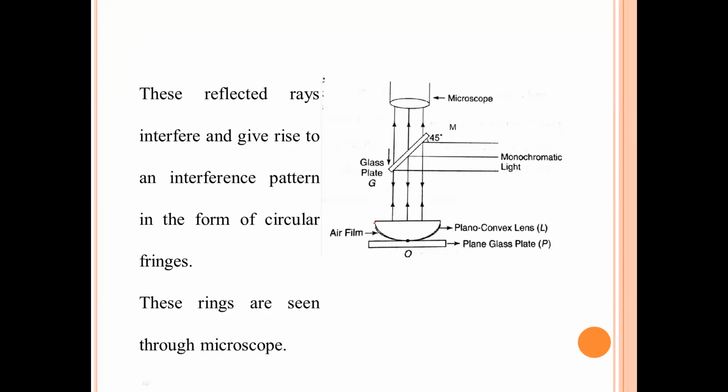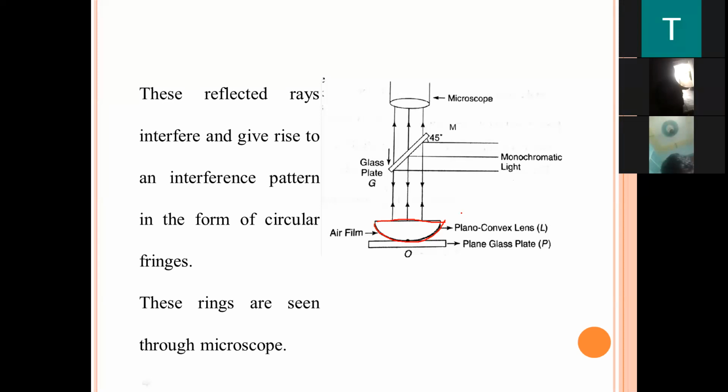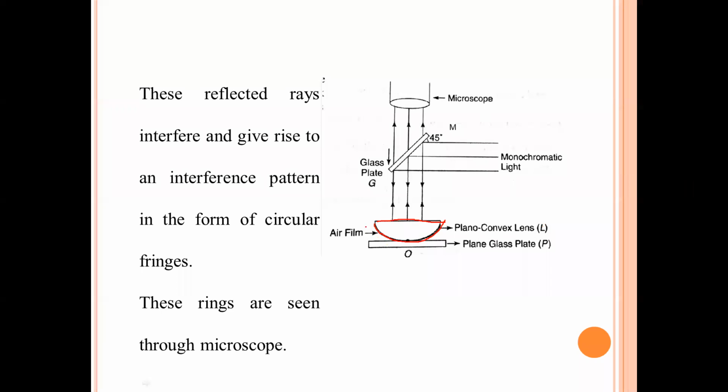Now, this is a plano convex lens. That means one side is curved and another side is plane. This plano convex lens is represented as L, and there is a plain glass plate here, which is named P. The plano convex lens is mounted on the plain glass plate.